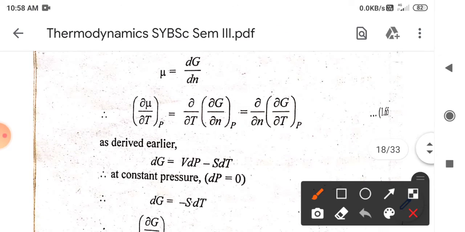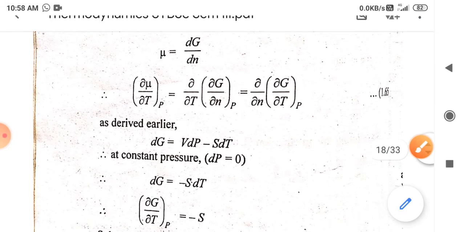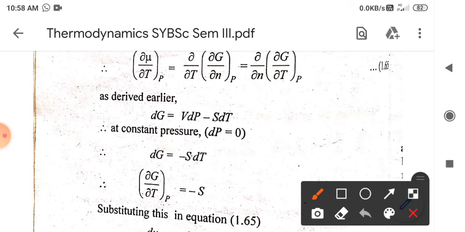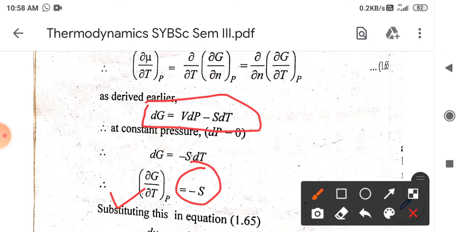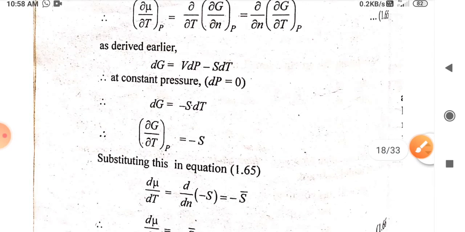Now again differentiate this equation with respect to temperature at constant pressure, that is d mu upon dT at constant pressure equals partial by partial T of partial G upon partial n at constant P, and again using Euler's identity, that is partial by partial n of partial G upon partial T. And we have already derived that partial G upon partial T at constant pressure comes out to be minus S, that is minus of entropy.